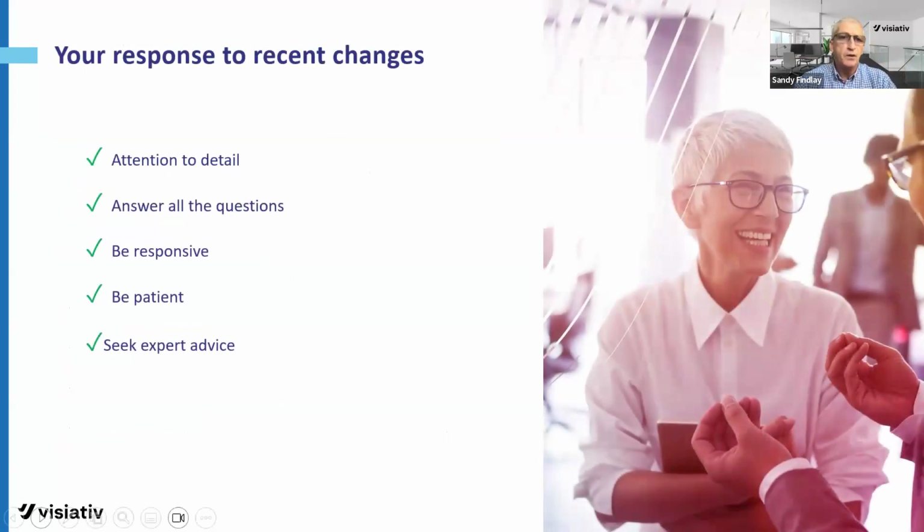And how do you deal with this? First thing is really being attentive to the detail. So particularly in terms of tracking and recording costs and tracking and recording activities. Those are the 2 areas where we're finding HMRC are raising the majority of their inquiries or are slowing down the processing of claims because they feel they don't have sufficient information there.